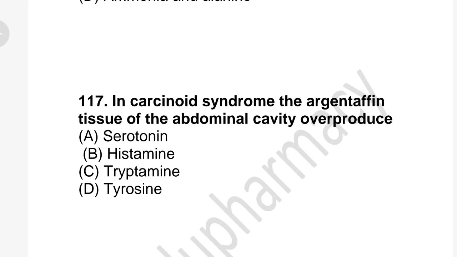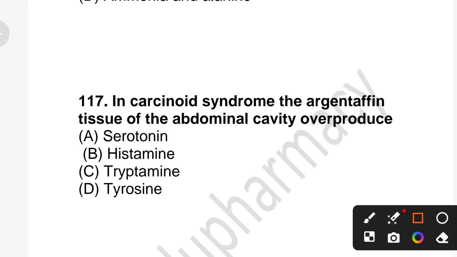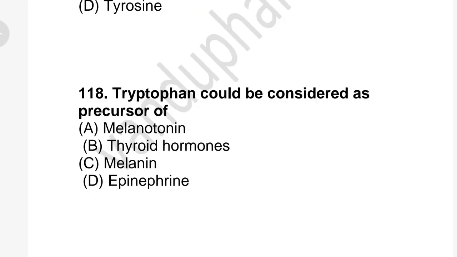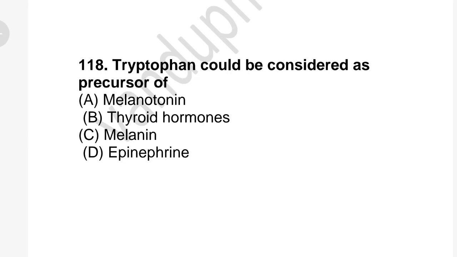In carcinoid syndrome, the argentaffin tissue of the abdominal cavity overproduces option A serotonin, option B histamine, option C tryptamine, option D tyrosine. Right answer is option A. Tryptophan could be considered as precursor of option A melatonin, option B thyroid hormone, option C melanin, option D epinephrine.